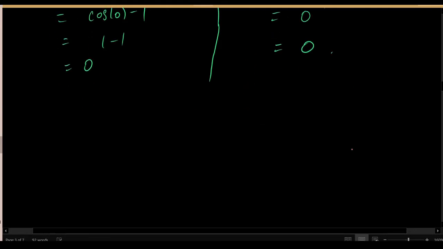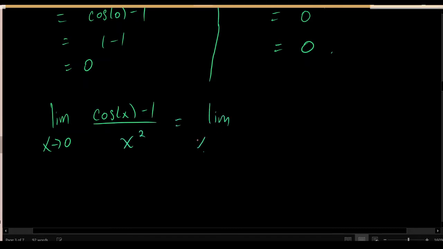So now, L'Hopital's rule says that if you want the limit as x approaches 0 of cosine x minus 1 all over x squared, you can calculate the limit as x approaches 0 of the derivatives of these functions. The derivative of the numerator becomes negative sine x, and the derivative of the denominator becomes 2 times x.